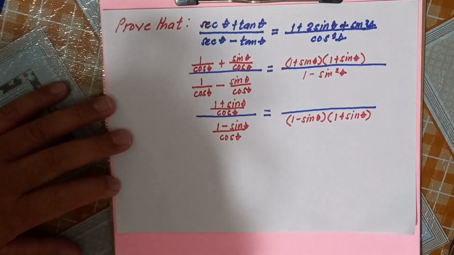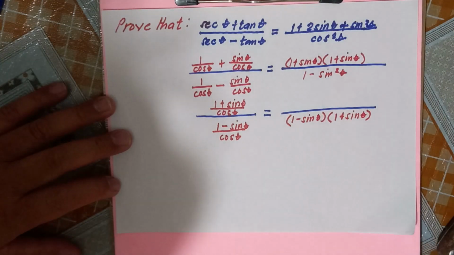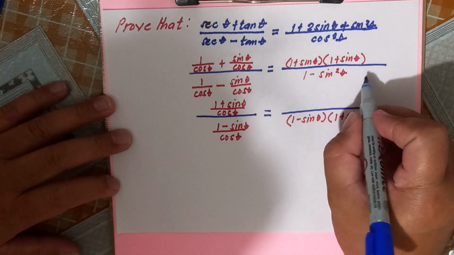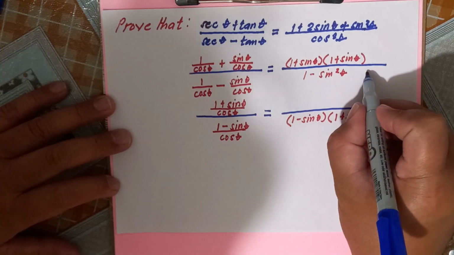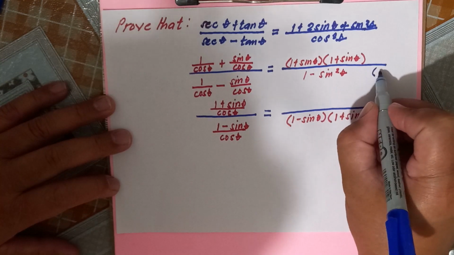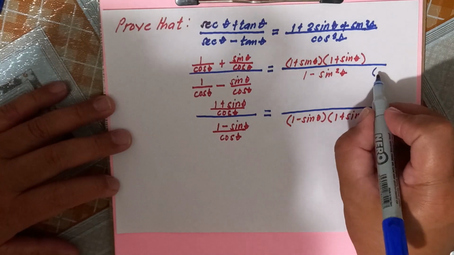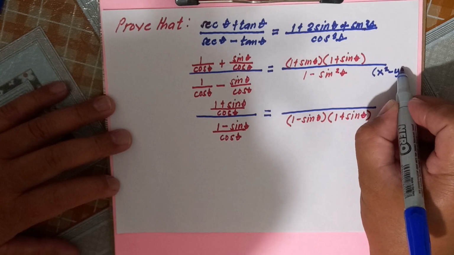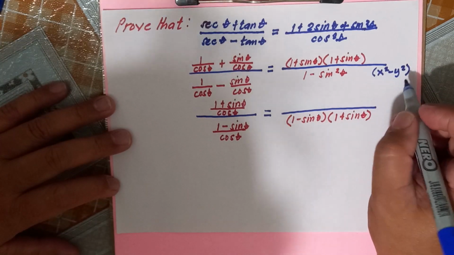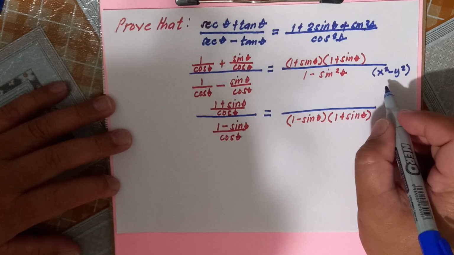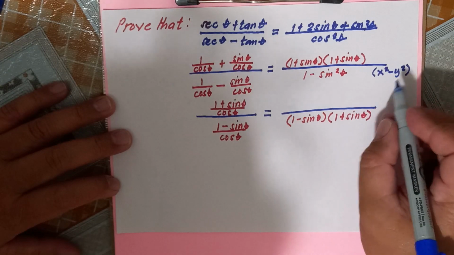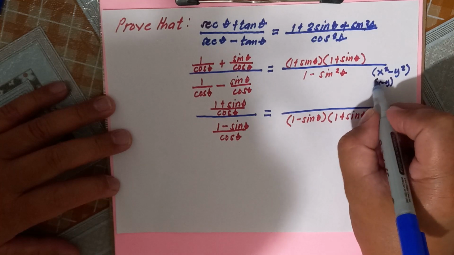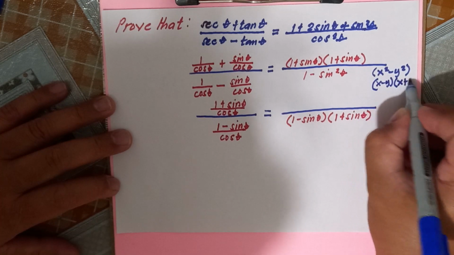This denominator is likened to an algebraic expression, x raised to 2 minus y raised to 2, with a binomial factor of x minus y multiplied by x plus y.